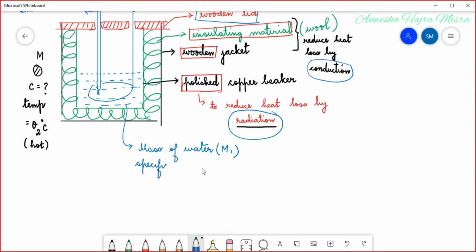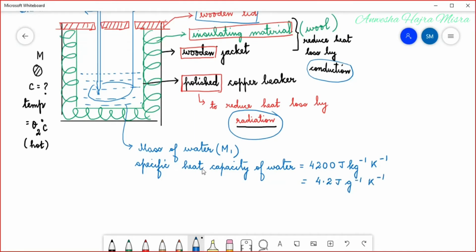Specific heat capacity of water is 4200 joule per kg per Kelvin, or if you convert it into gram, it is 4.2 joule per gram per Kelvin.